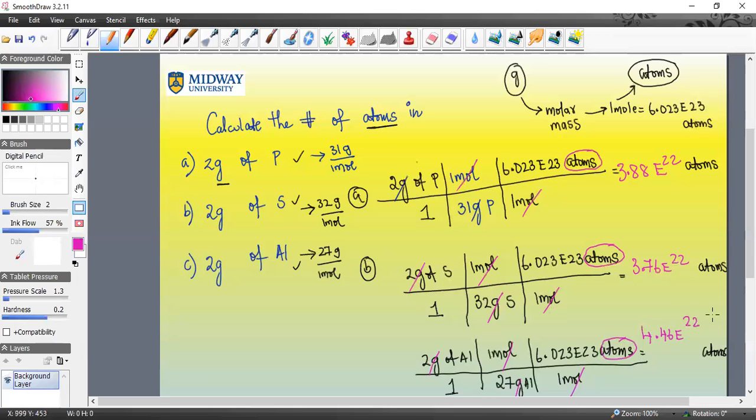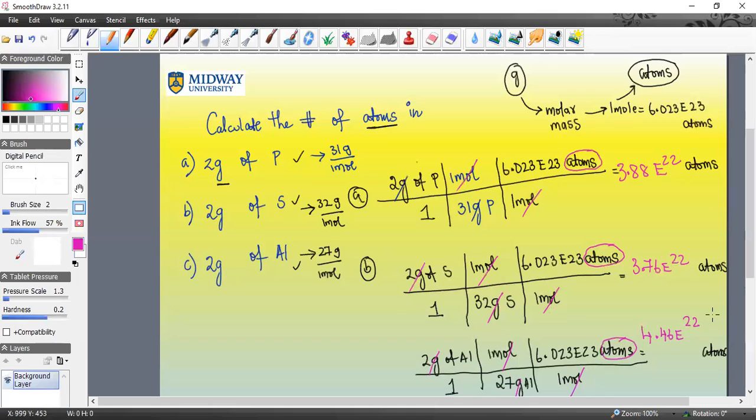What we have just done is, if you take identical quantities of 3 elements, look at the amount of atoms that make them up. If you have 2 grams of phosphorus, it should contain roughly 3.88 e to the 22 atoms.